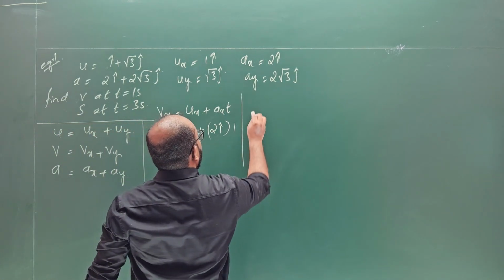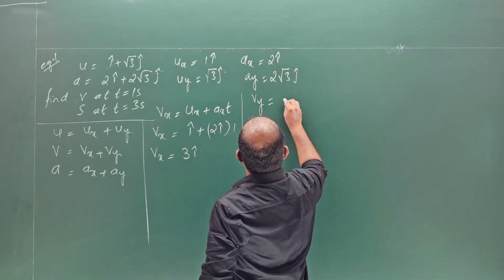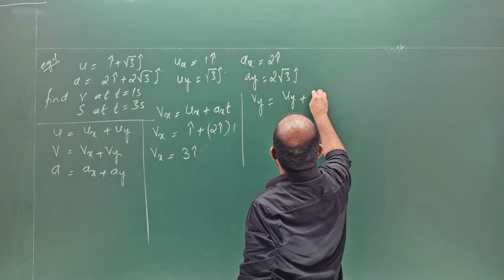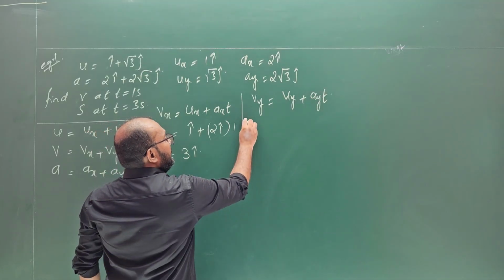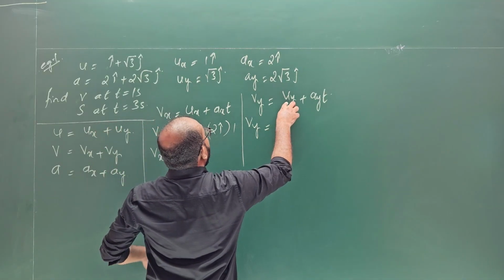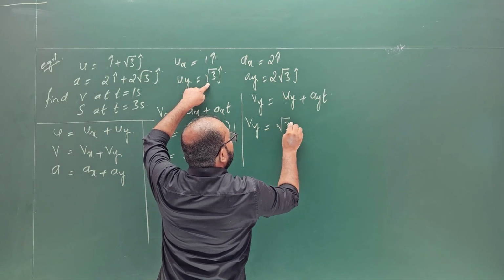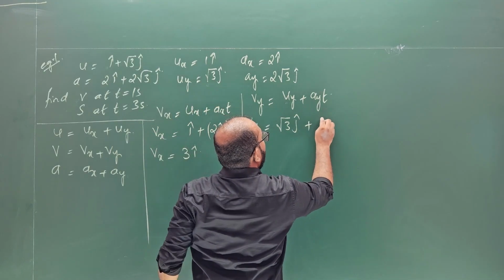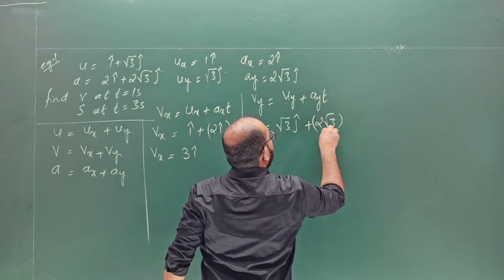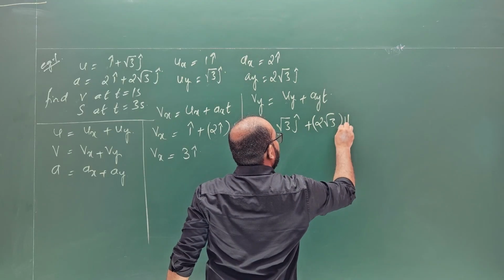Similarly, calculating Vy. So Vy is equal to uy plus ayt. Okay. Now, Vy is equal to, what is uy? Root 3 j cap plus ay, which is 2 root 3, into 1, that is j cap.